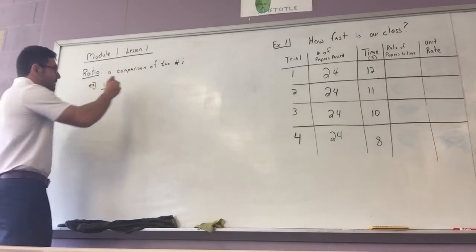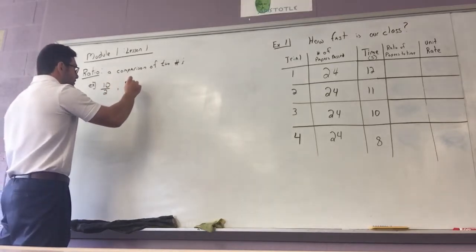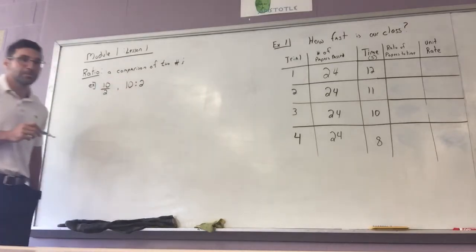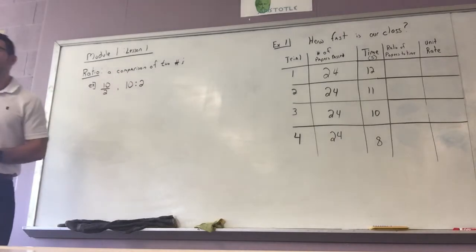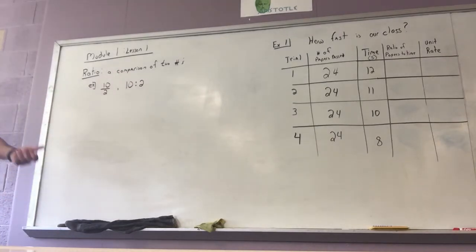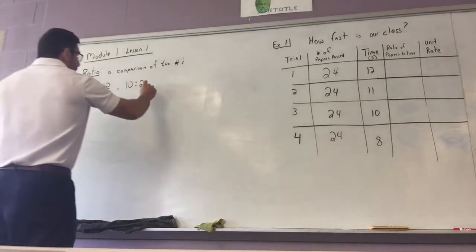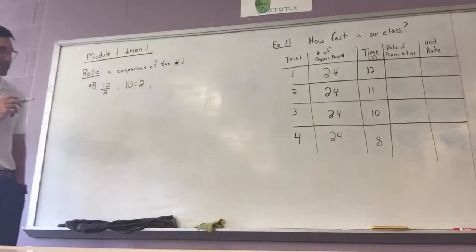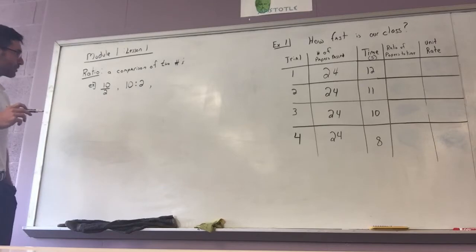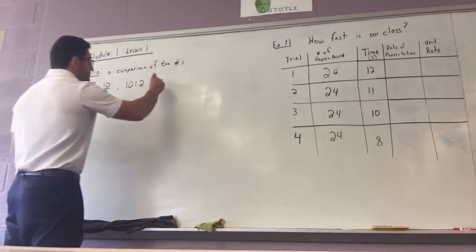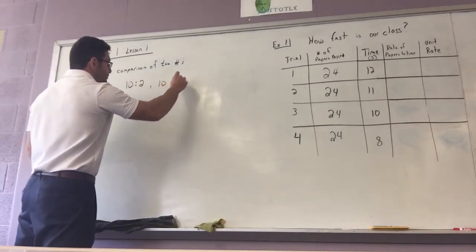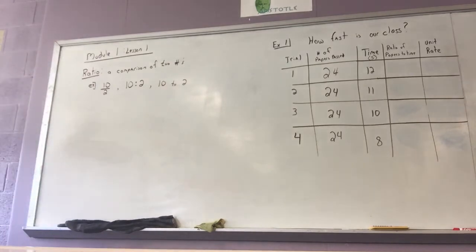Another way that we could write that is with a colon. 10 to 2. Notice the last number I say is the denominator, the bottom part of the fraction. Last but not least, it is going to be the word 2. 10 to 2, okay? So a ratio has no units, has nothing with it.